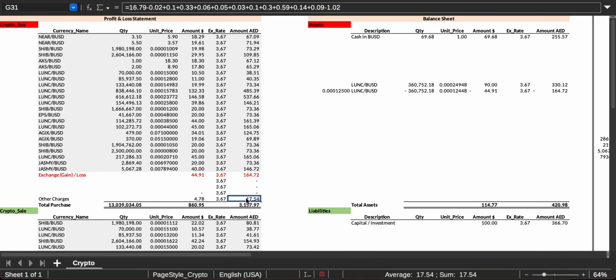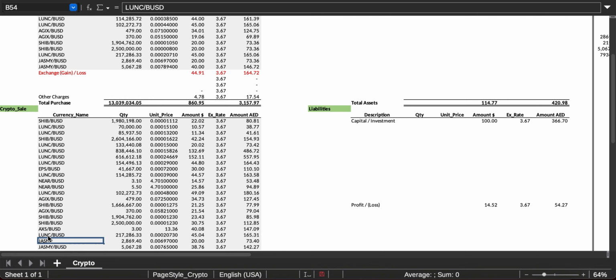That is why I write it here on the purchase side, not on the sale side. Okay, these are all the transactions I purchased, and these are all the transactions I sold during my period.